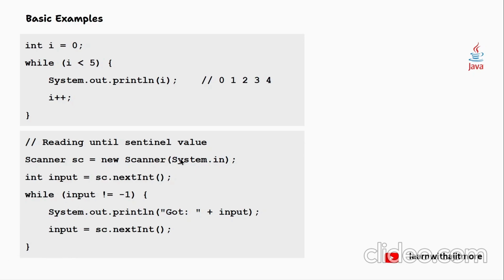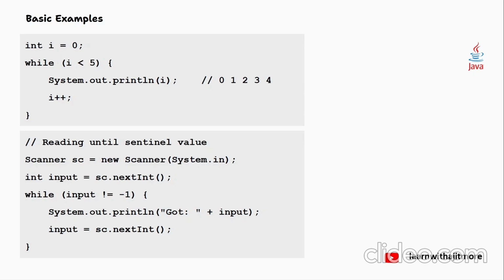So you have created a scanner object, then you are waiting to enter an integer. Whatever integer you enter, it is checking whether it is not -1. So this is the best example of logically controlled, not enumeration. Enumeration means when the count is known, how many times to repeat, that n is known.